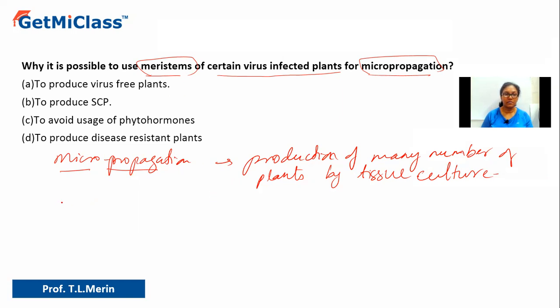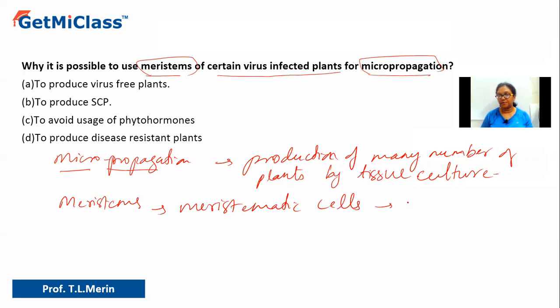Now let us talk about meristems. Meristems are nothing but tiny regions in the plant which consist of meristematic tissue, that is, meristematic cells. A group of cells is called a tissue. Usually the meristematic tissue is present at the tips.